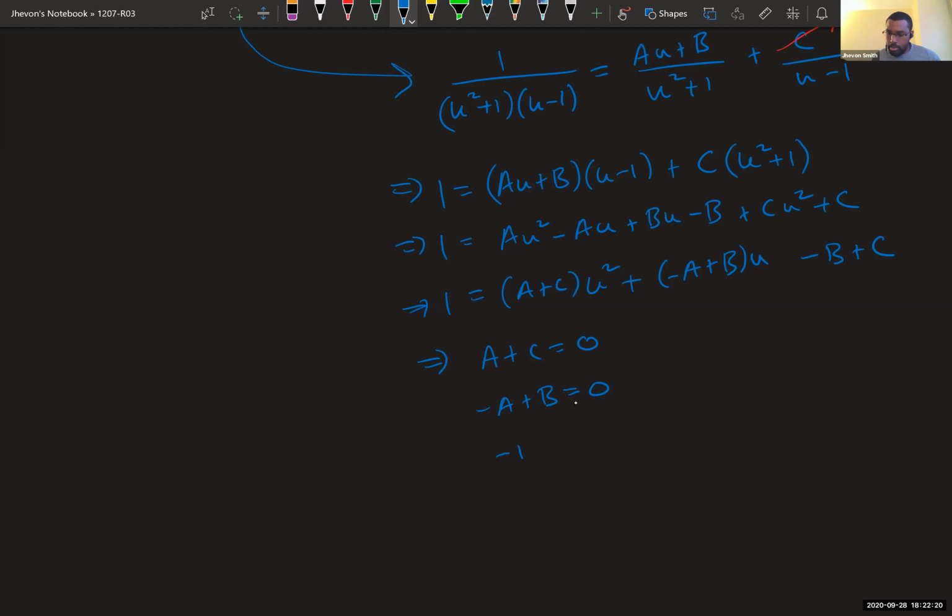And then we had that the minus b plus c must be 1. So here, your a would have to be minus 1/2 since c equals 1/2. Since your a is minus 1/2, your b is also minus 1/2.